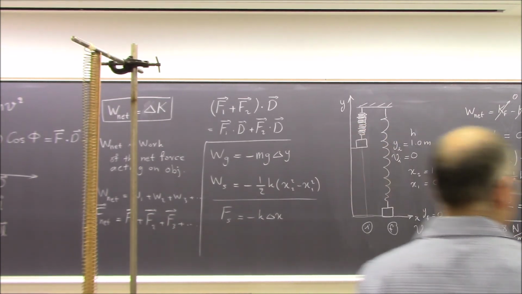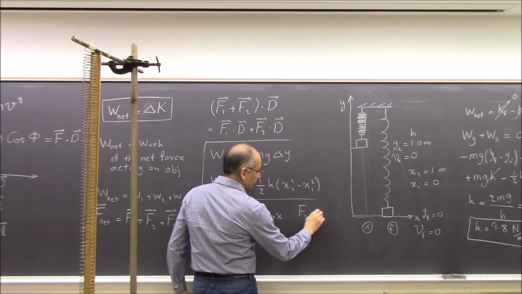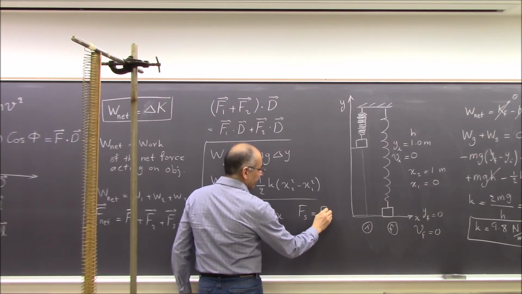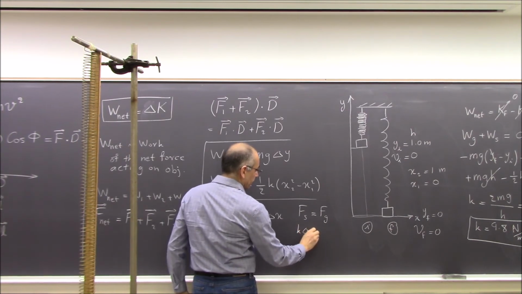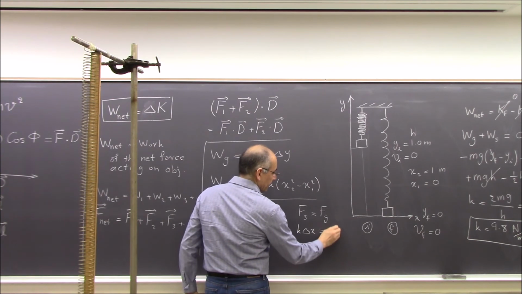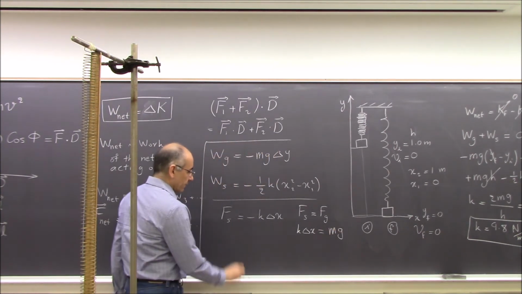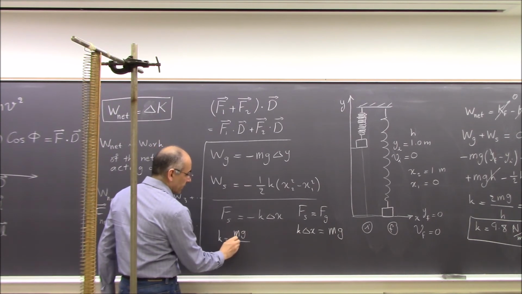So now let's try that one. Say the force of the spring is equal to the force of gravity. So k delta x, magnitude without the negative sign, should be equal to the force of gravity, which is mg. So k is equal to mg over delta x.